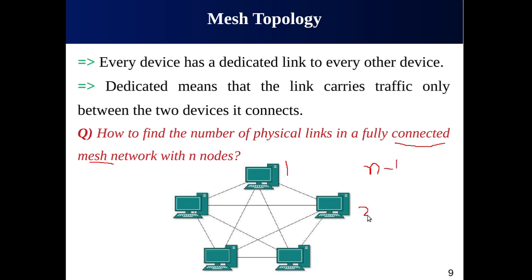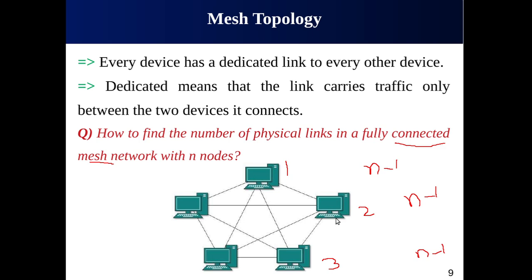Similarly, node 2 must be connected with n minus 1 nodes, and node 3 must be connected with n minus 1 nodes. Except itself, it must be connected with all other nodes. For example, in this case, n is 5, so node 3 must be connected with 5 minus 1, 4 nodes. So there is 1, 2, 3, 4. So that is the general formula.